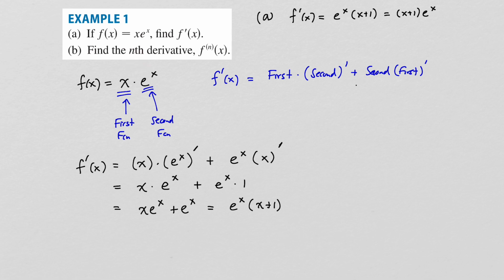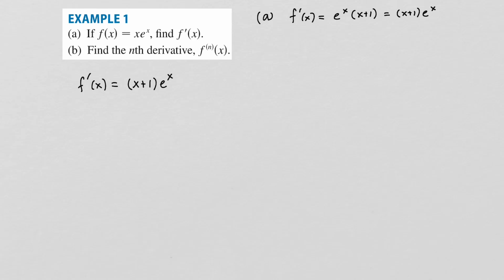So to do this, what we're going to do is find the next several derivatives and hope to see some kind of a pattern. So let's work on finding the second derivative. To find our second derivative, we're going to start with our first derivative, which is x plus 1 times e to the x.